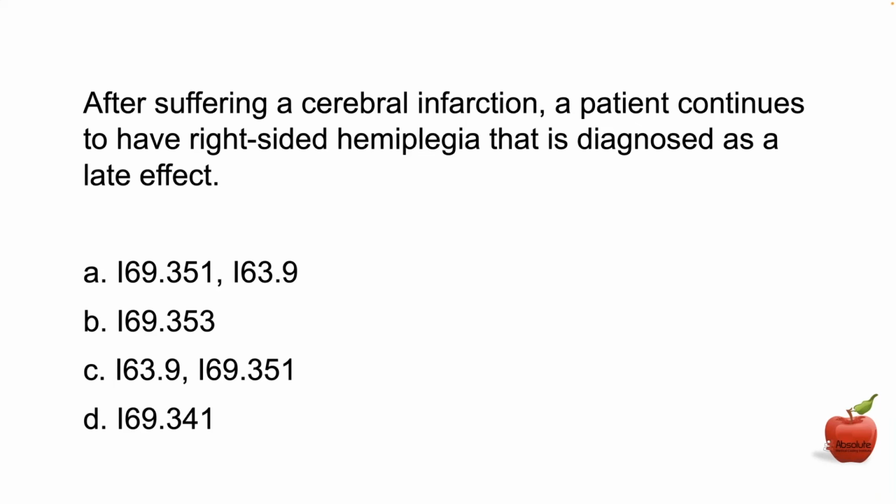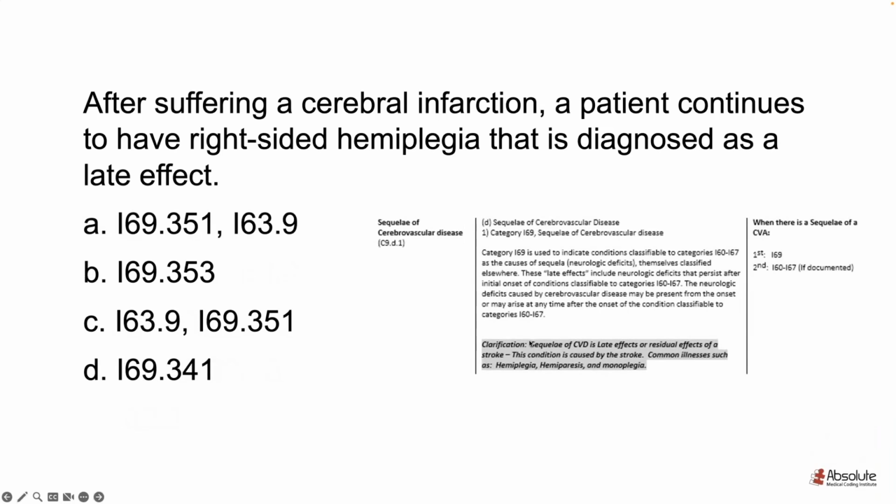All right, so here's the deal. We are going to have to employ some guidelines, right? What happened here? Well, this patient suffered a cerebral infarction, and the patient continues to have this right-sided hemiplegia that's diagnosed as a late effect.